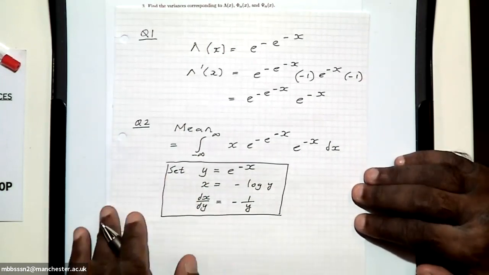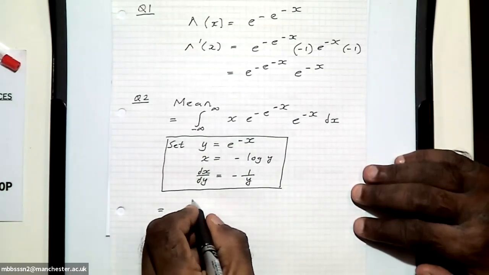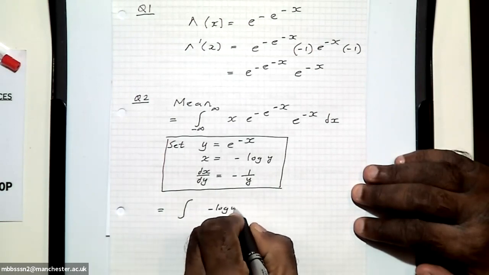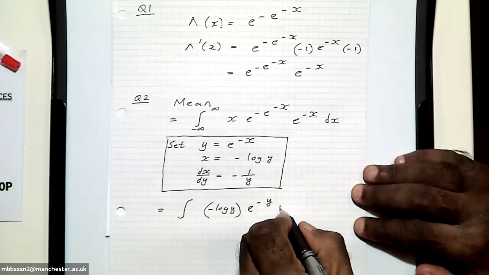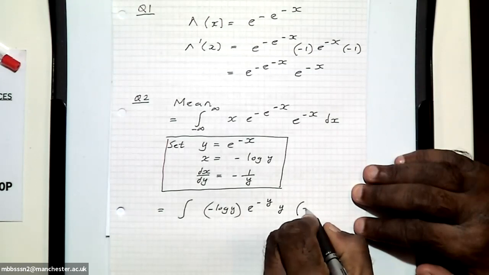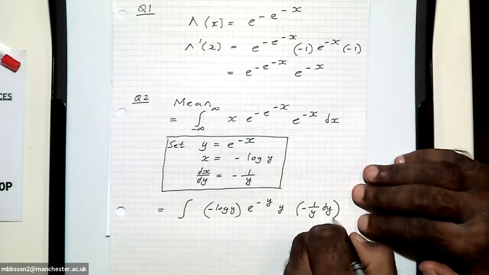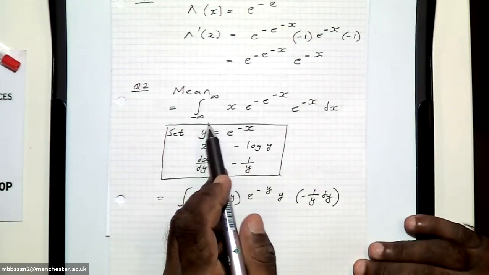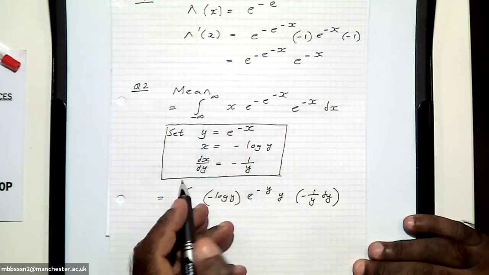Now sub this into the integrand, you get x will become minus log of y, then e to the minus y, dx is minus 1 over y times dy. Okay, and the limits of integration, when x is minus infinity, y is plus infinity, and when x is plus infinity, y is 0.